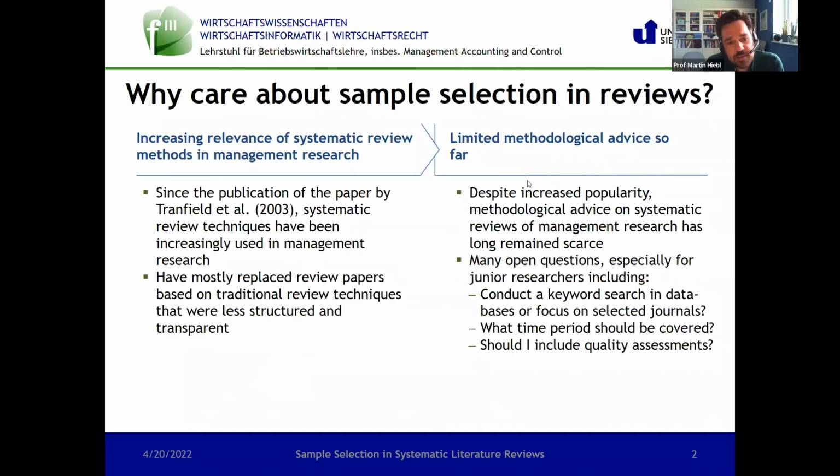Probably the start of this systematic review approach, at least as applied to management research, has been the publication by Tranfield and colleagues in the British Journal of Management in 2003, where they transferred insights on systematic reviews from medical research to business and management research. In medicine, it has been applied much longer than in business and management research, and they transferred the most important ideas to our field.